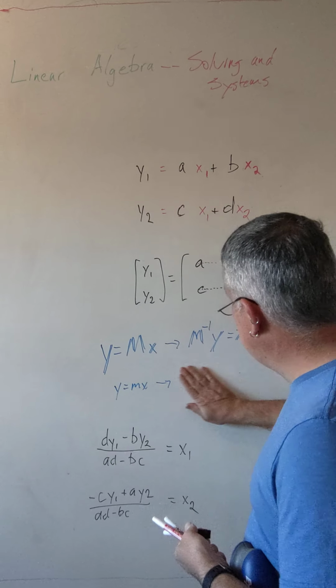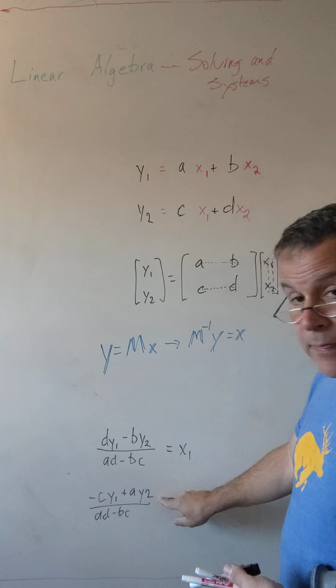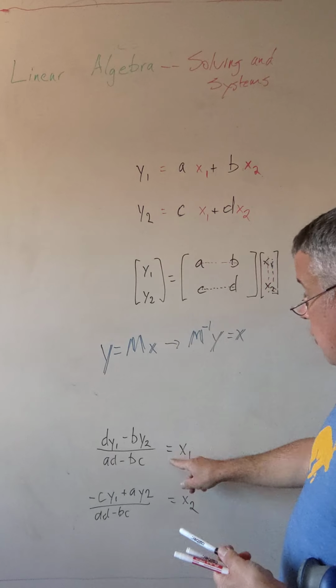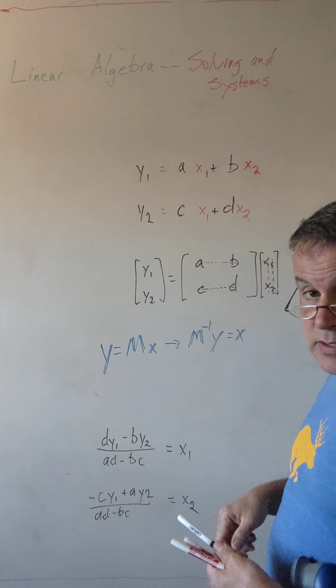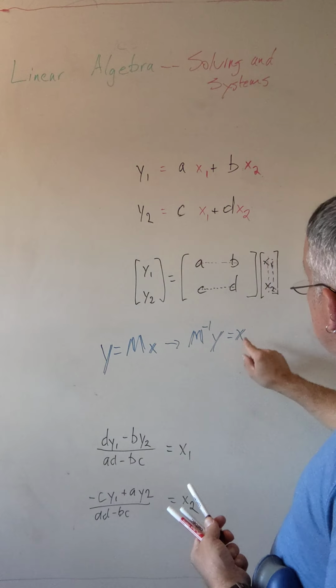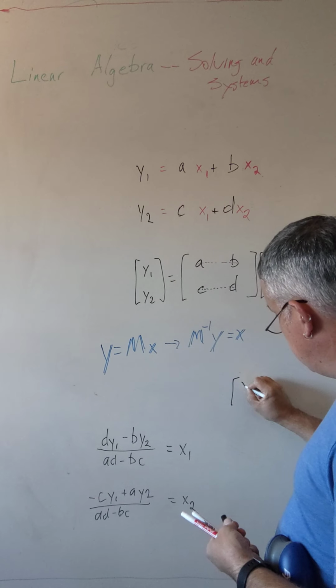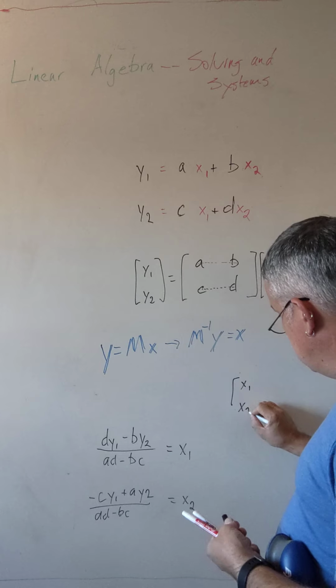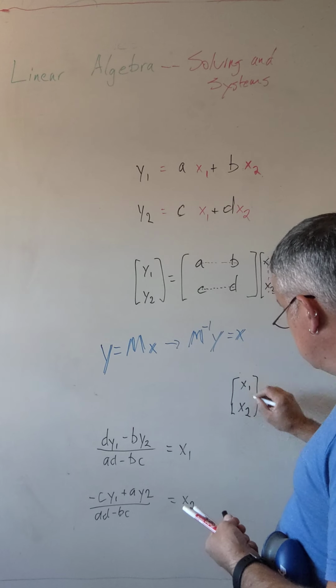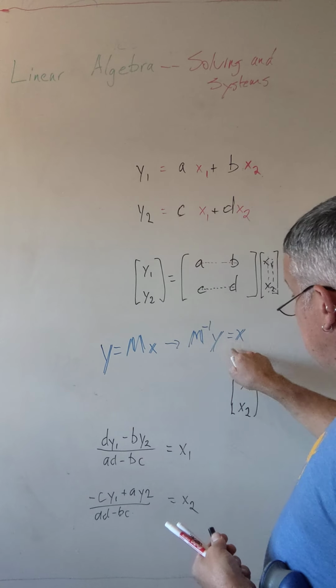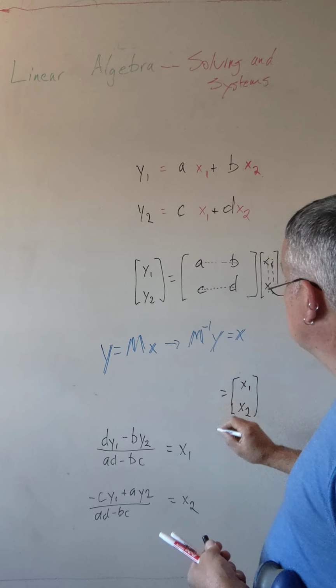Well, we actually already have the answer written down here in these two solutions where we solve these two equations to find x1 and x2. So let's see. So x1 goes here. So the x1, x2 become the rows of the right-hand side of the rows in this equation.